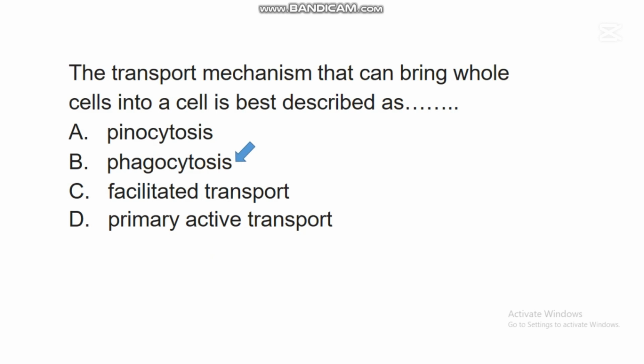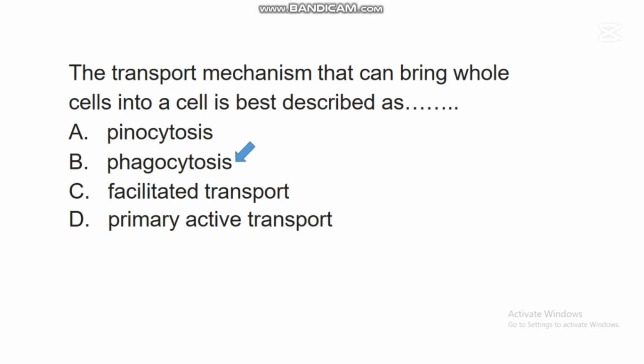Phagocytosis is a situation whereby a white blood cell known as phagocytes engulf foreign particles such as bacteria and digest them. And research has shown that when this white blood cell undergoes phagocytosis, it can consume a whole cell of a microorganism.